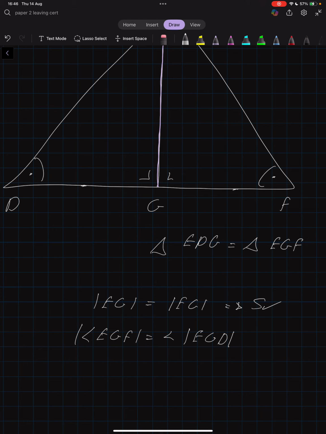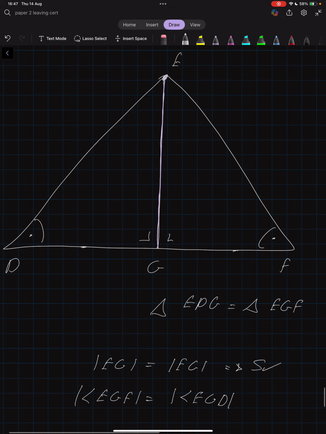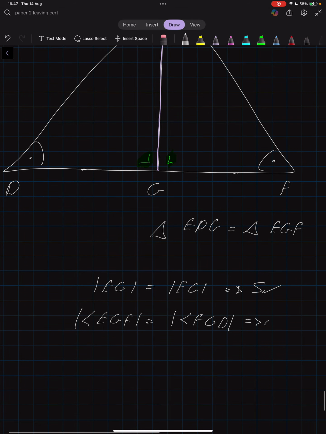Okay? Sorry, I don't know why I did that. I just rubbed that out. There we go. So you have that these two angles are the same. So I also have the angle part.